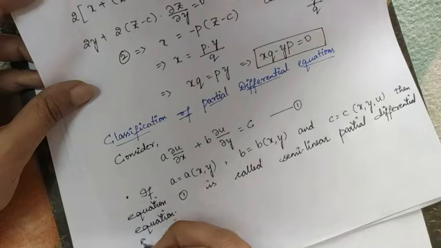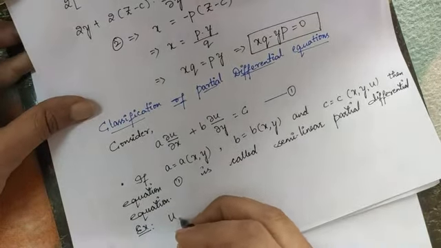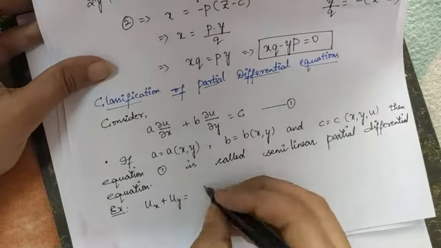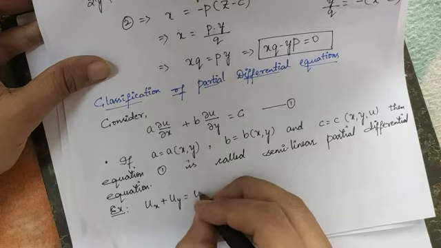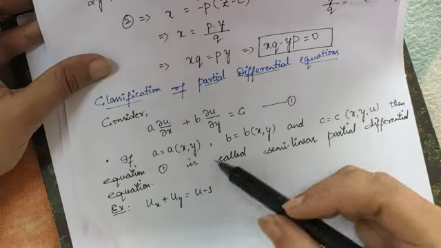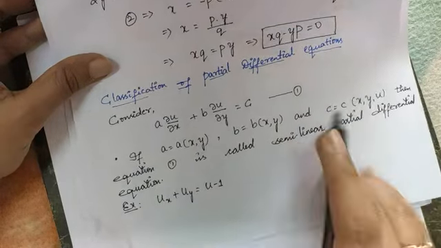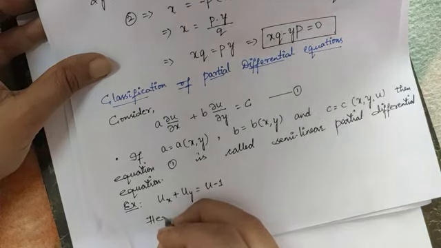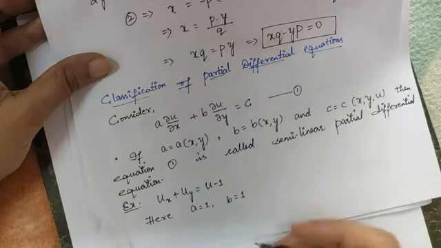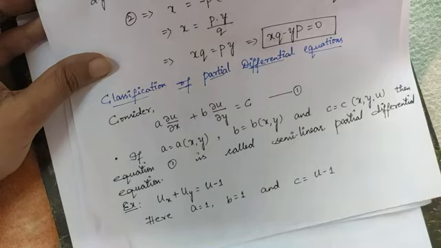For example, I will consider u_x + u_y = u − 1. Now if you compare this example with your equation 1, that is your general PDE, here A = 1, B = 1 and C = u − 1, right?